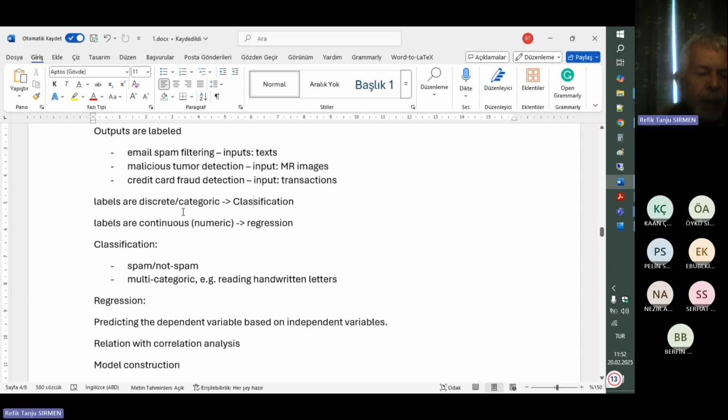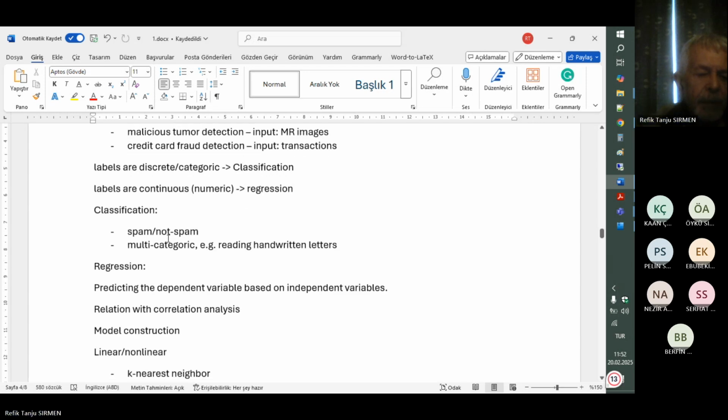But if it's continuous, normally numeric, or even if it is not numeric, we just convert it into numeric, then we apply regression techniques. This is why last semester I told you all about these regression methods or classification methods.